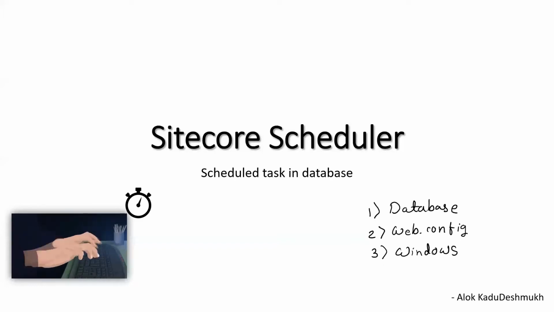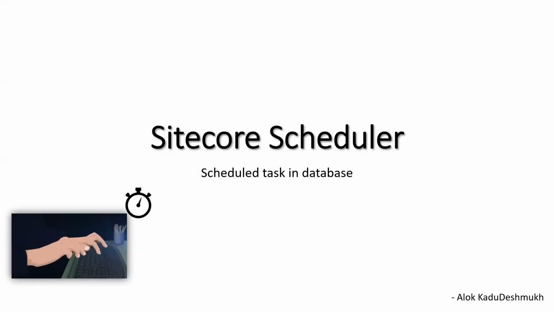Out of 3, scheduling tasks in the database is a good option when you need to control tasks dynamically or maybe programmatically, because in this approach, web config update is not required and ultimately it saves the server restarts. Let's write code for our scheduler.